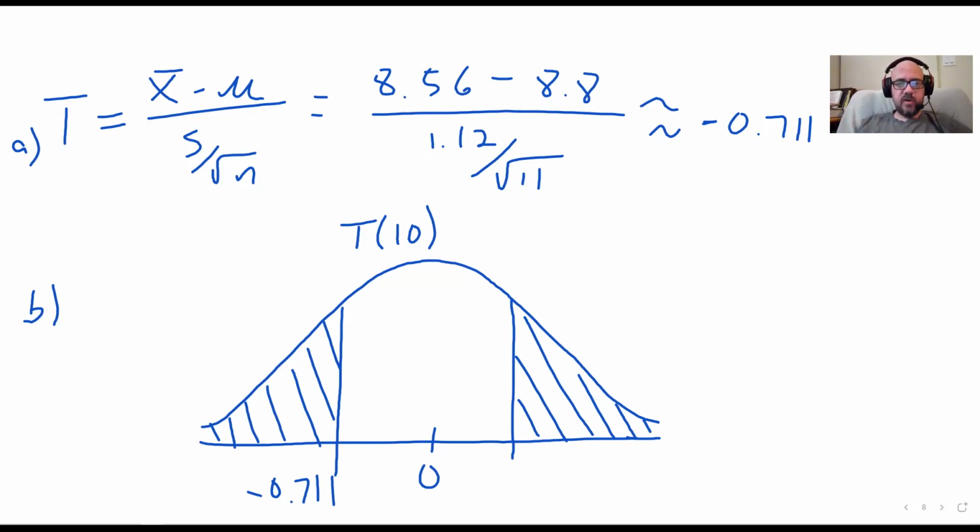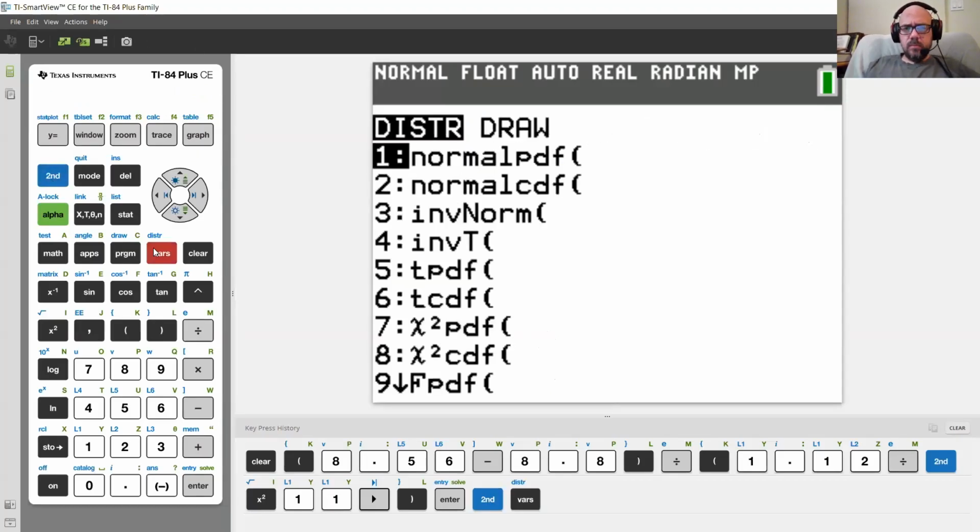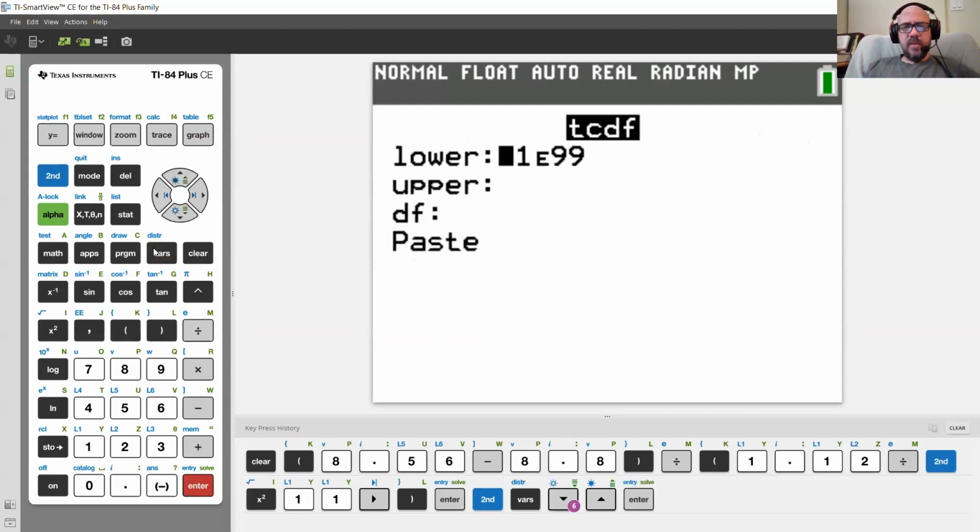So I want to find this area that I've shaded in. Share calculator. All right, so we're going to go second vars, TCDF. Notice it's basically the same place. And then what we're going to have to put in is lower, upper end, degrees of freedom instead of lower, upper end, mu and sigma. So our lower value was minus infinity.